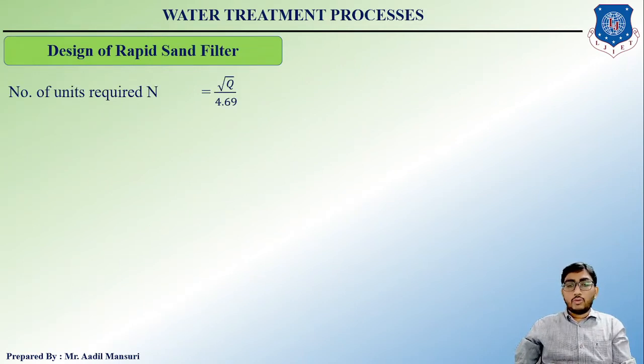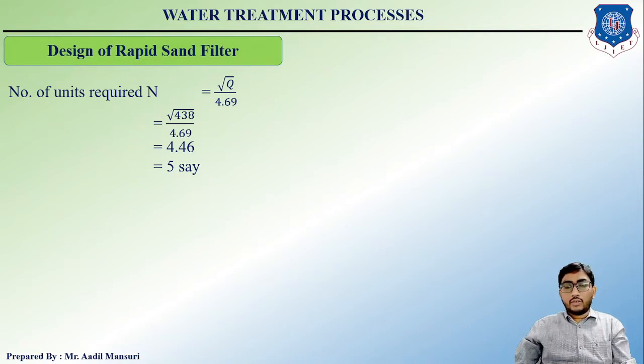So that is the formula, under root of Q by 4.69, right? And under root of 438, here Q is in kiloliters, right? So in the previous slide I showed 0.438 million liters, so here in kiloliters that will be 438 divided by 4.69, and that comes out to be equal to 4.46. Okay, so the number of units required cannot be in decimal, right?